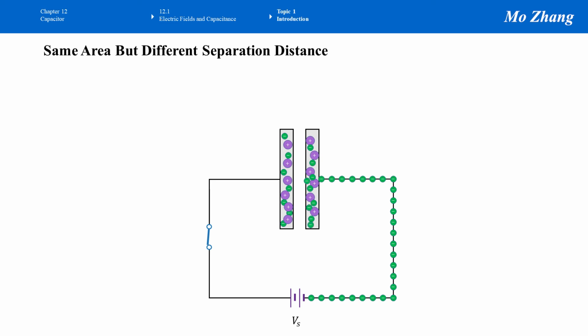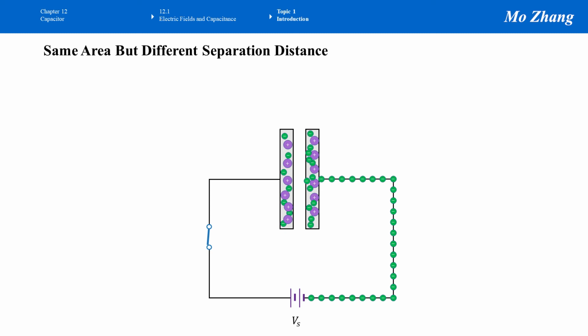More electrons are accumulated and enter different regions on the plate. But those electrons cannot penetrate because it's air, the insulator between the plates. It just cannot flow from one plate to the other side.